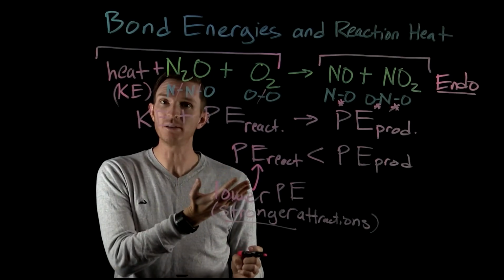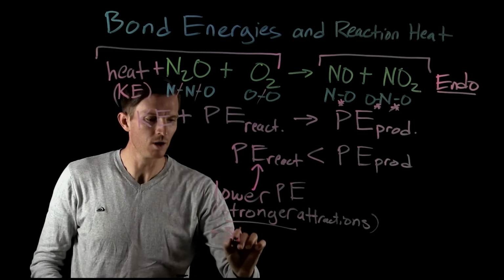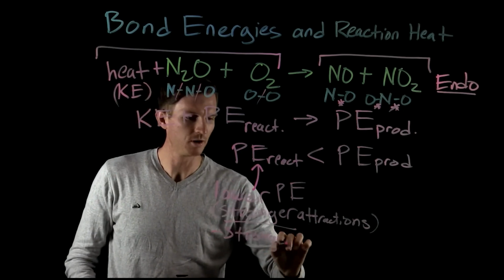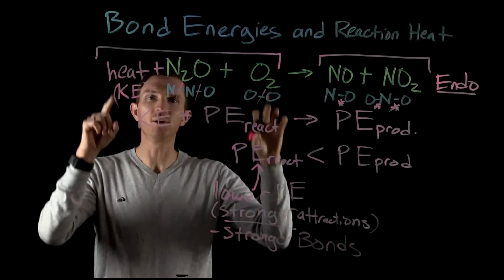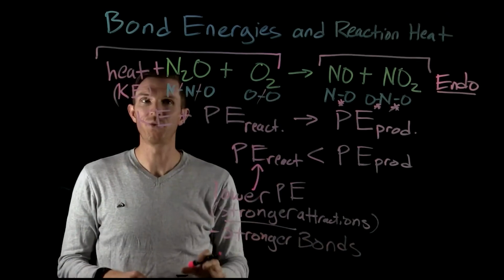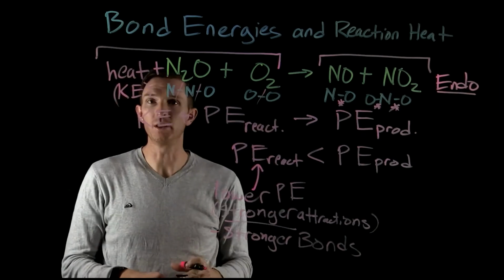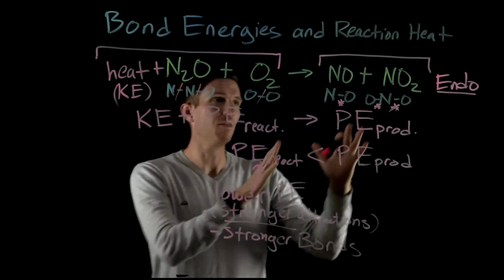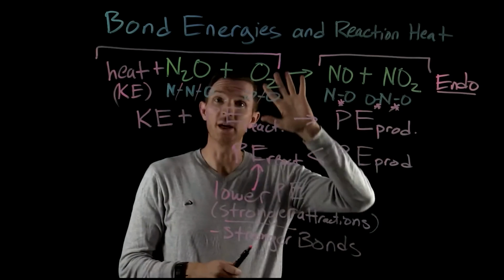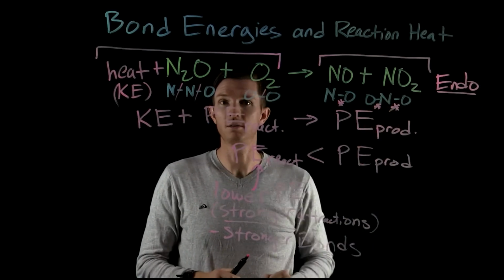Well, what attractions are present in our molecules? Bonds. So that will let us know that we have stronger bonds, and that we're thinking about this cumulatively among all the reactants. So the sum of the nitrogen-nitrogen, nitrogen-oxygen, and oxygen-oxygen bonds is stronger, with lower potential energy, than our products, where we're thinking about the sum of all of our bonds: nitrogen-oxygen, nitrogen-oxygen, nitrogen-oxygen.